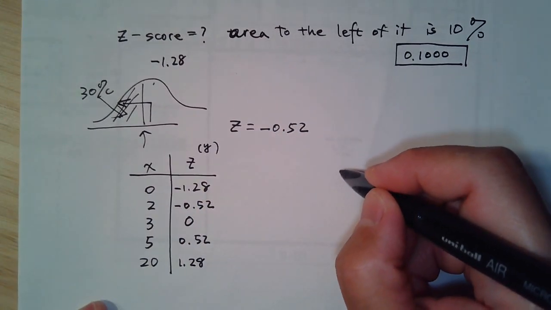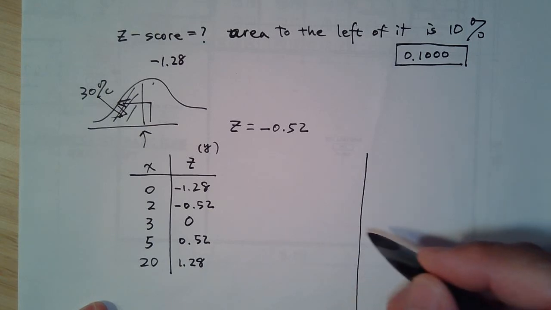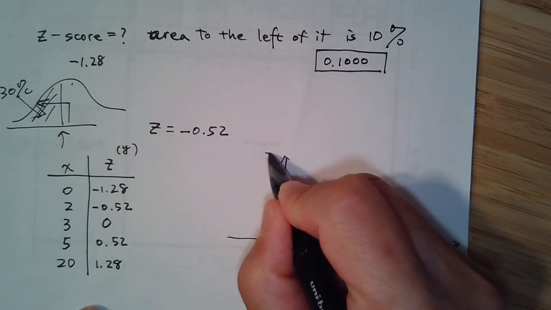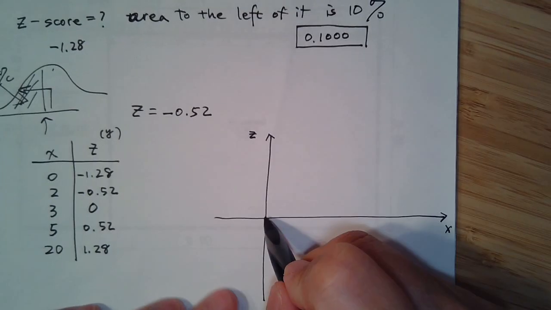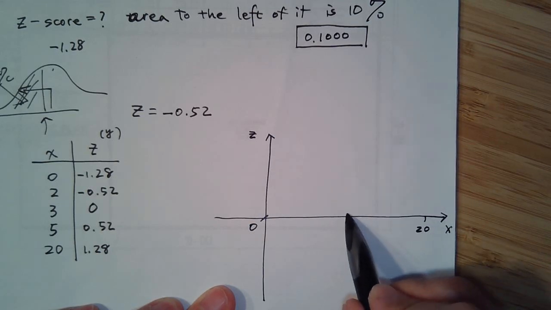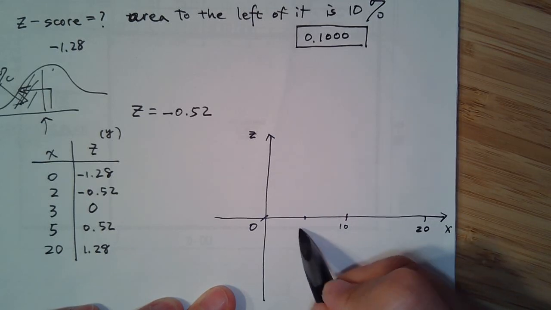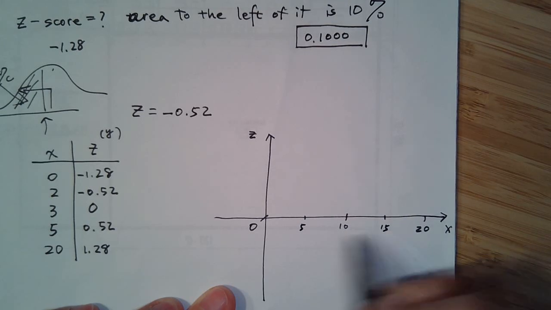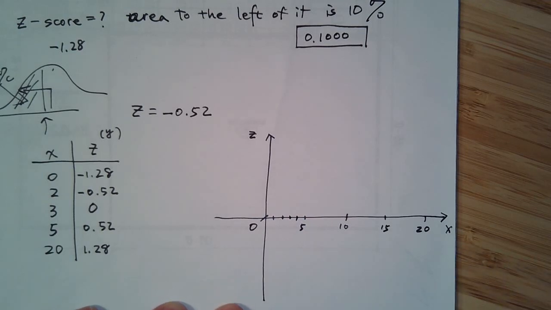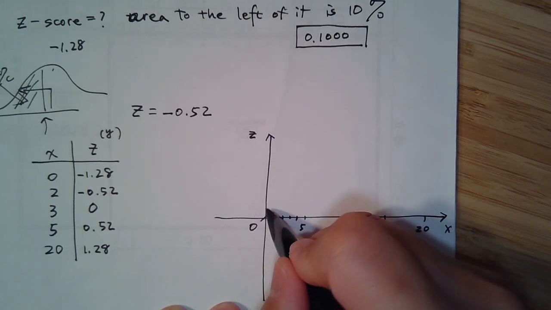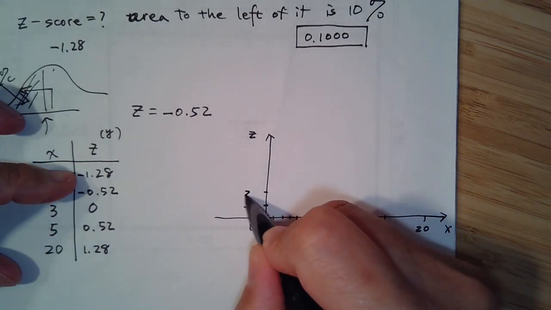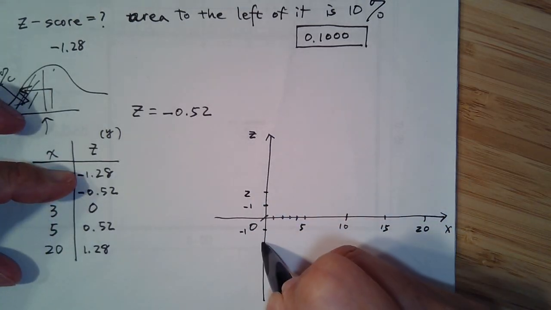So here's x, and this is your z-score, and here's 0. We need to go up to 20, so here's 10, here's 5, here's 15. And this is positive 1, positive 2, negative 1, and negative 2.